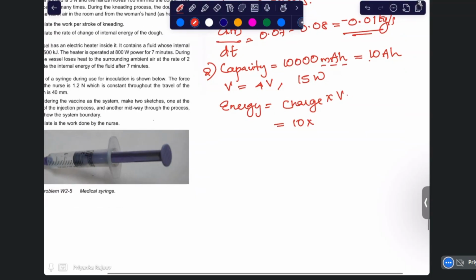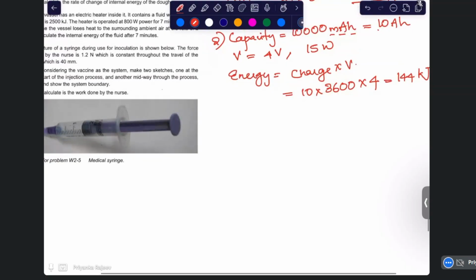Hour to second we have to convert, that is 60 times 60, that is 3600, times voltage, which is 4. So this is the energy. Energy is 144 kilojoule.